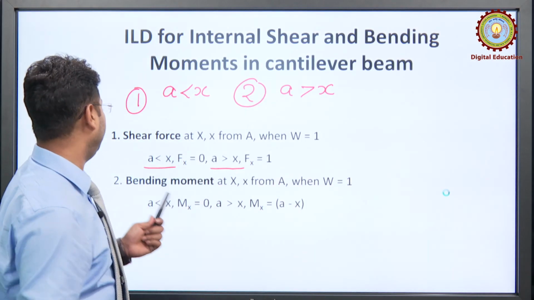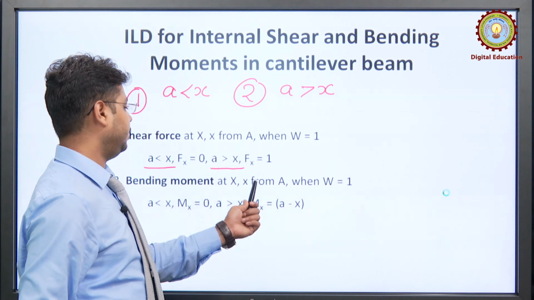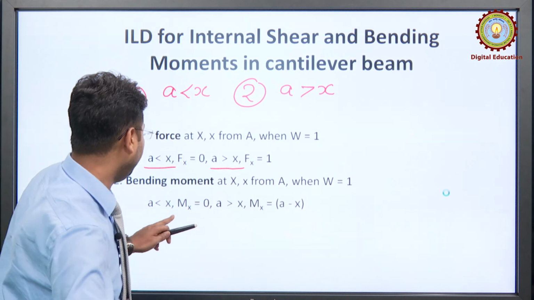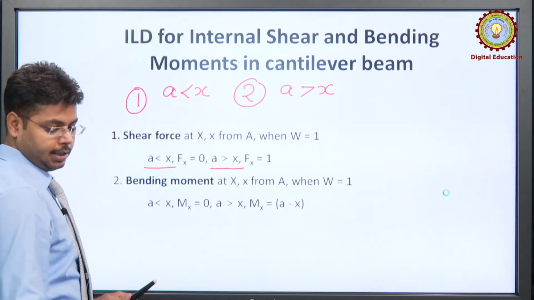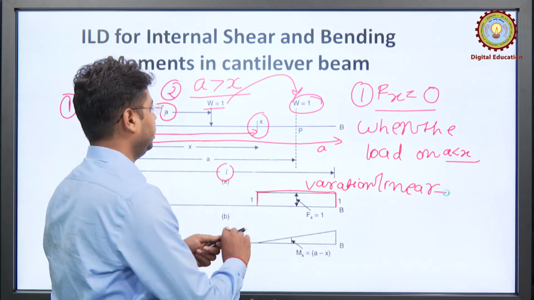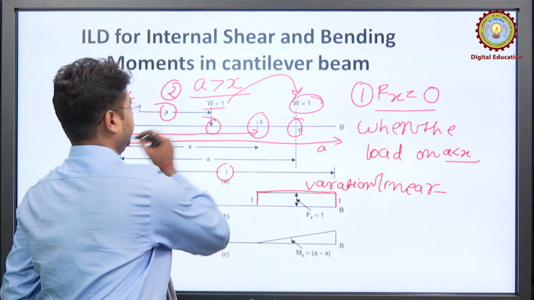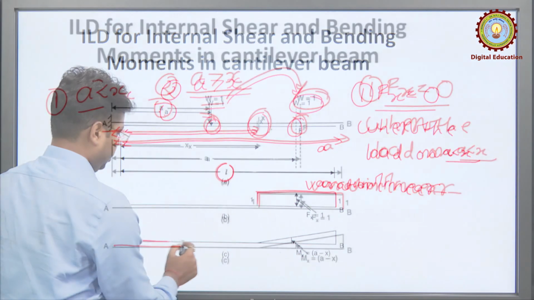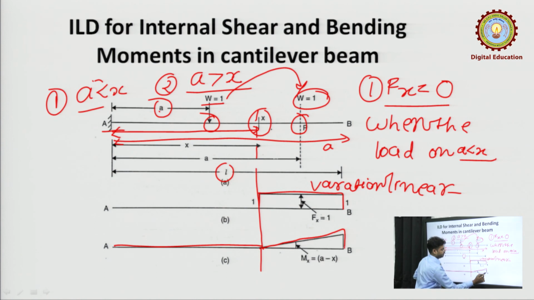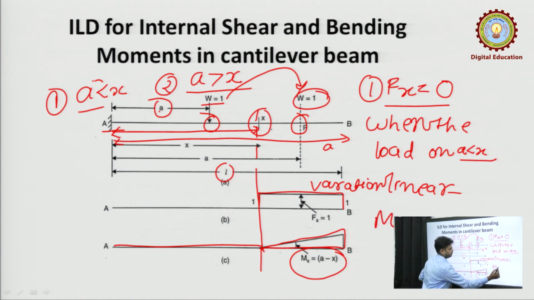Similarly, when we take the bending moment at distance x from A when unit load is given, what will happen? When a is less than x, that means when your load is in this portion, the moment diagram will be 0 at this section. After this section, there is a sudden variation with the equation Mx equal to a minus x.